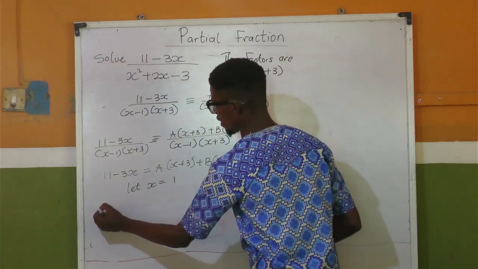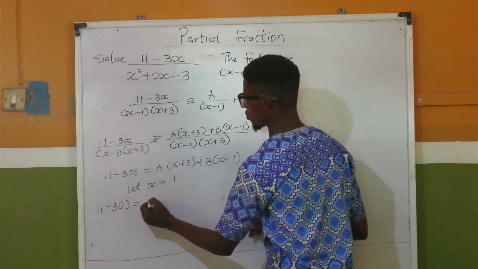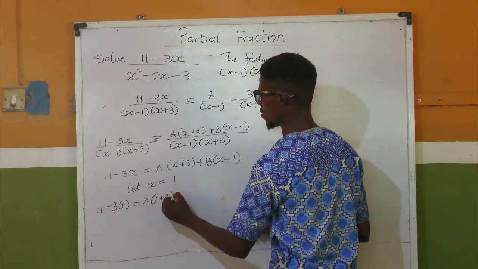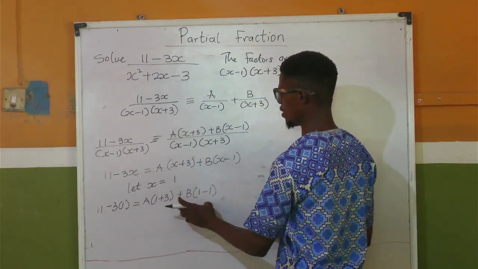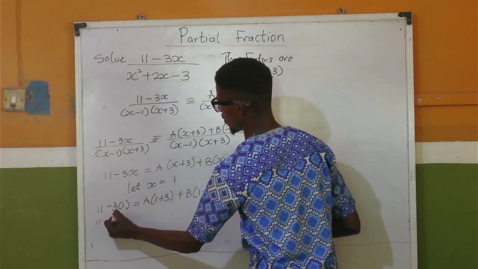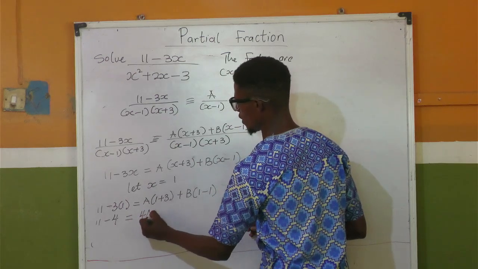So we have 11 minus 3 into 1 equals A into (1 plus 3) plus B into (1 minus 1). In this case, B is out of the equation already. So we have 11 minus 3 equals 4A.